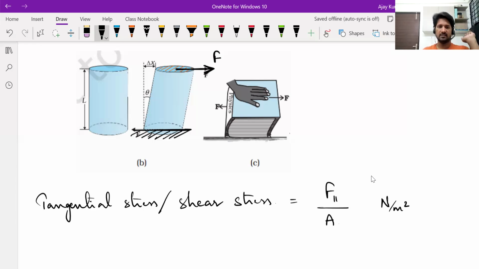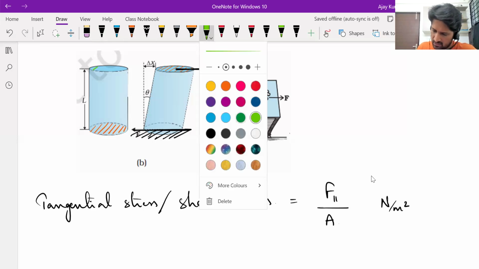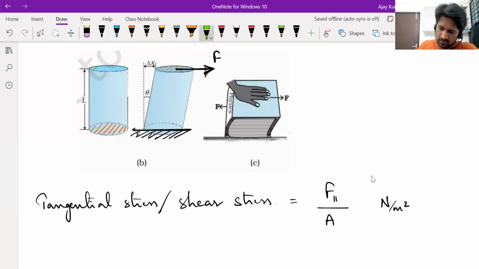As a result of tangential stress, observe carefully what happens. You consider two layers of this cylinder. Okay, let's avoid confusion.